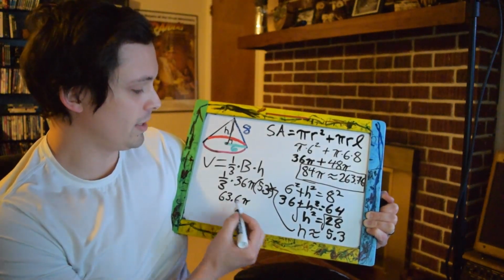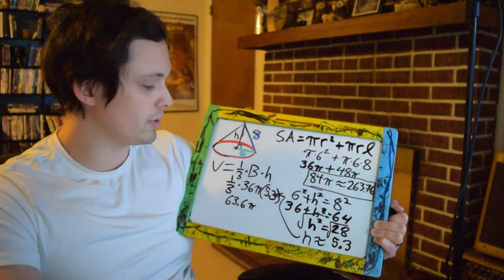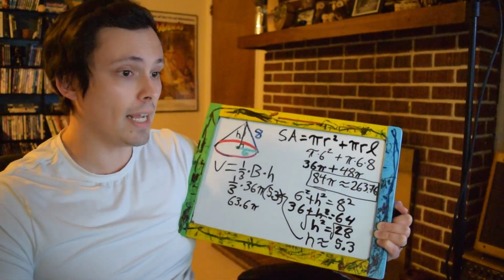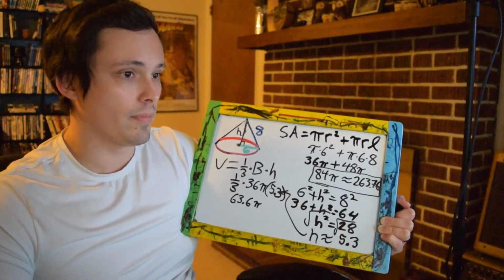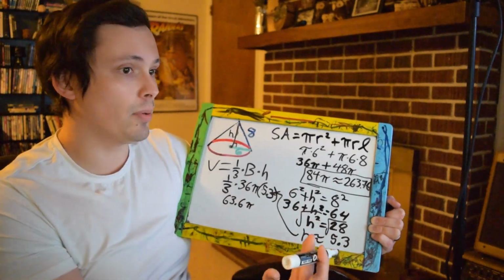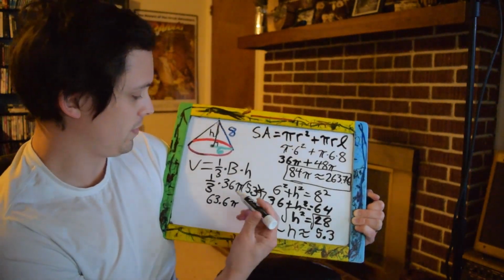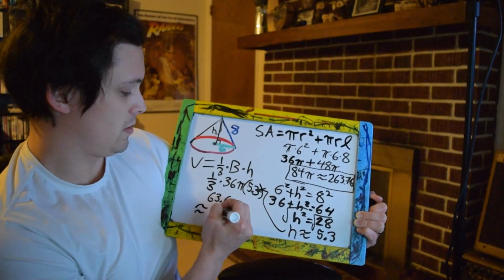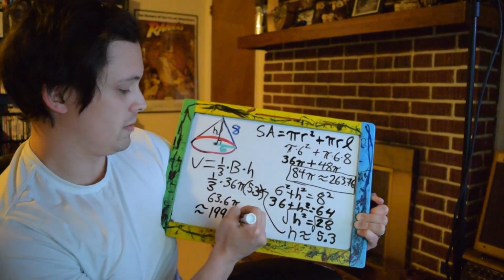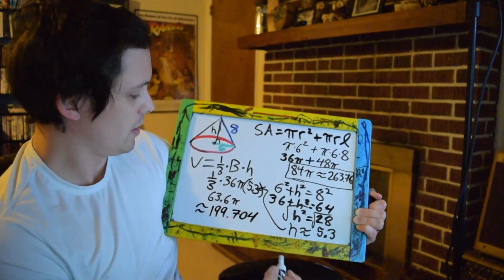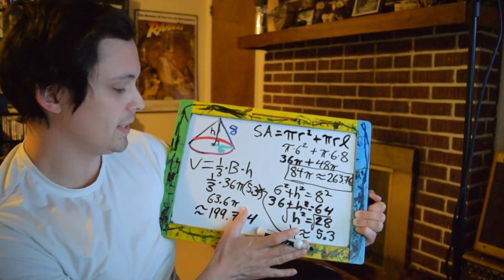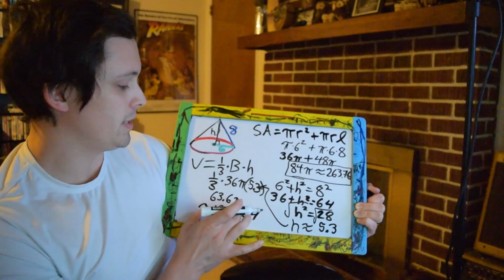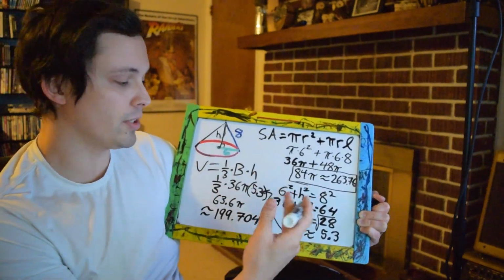Since I'm already rounding with decimals, I'll do 63.6 times 3.14, and I get 199.704. Again, we could just round to 1 decimal point as 199.7, or round to the nearest whole number and say it's about 200.